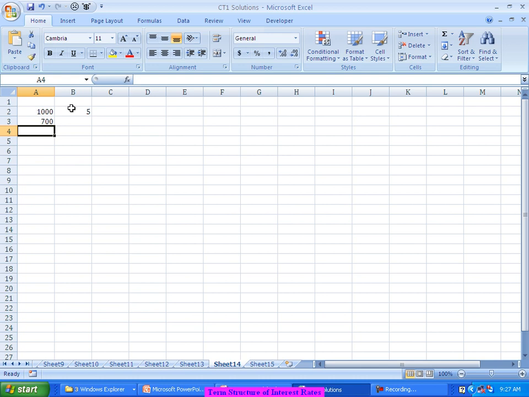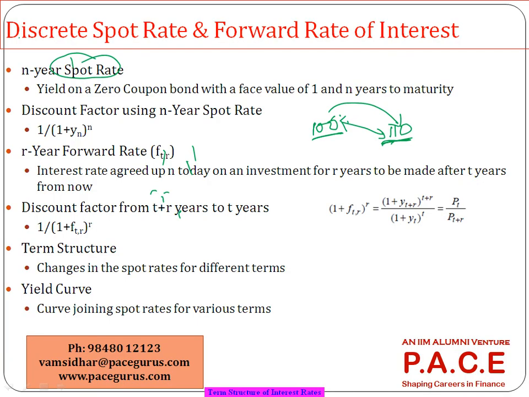This is a zero coupon bond because it doesn't pay any intermediate payments in the middle. So whatever the annual rate of return on this zero coupon bond is, that is what we call the 5-year spot rate.